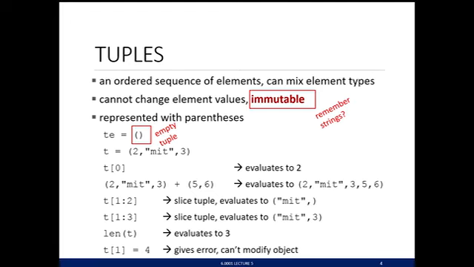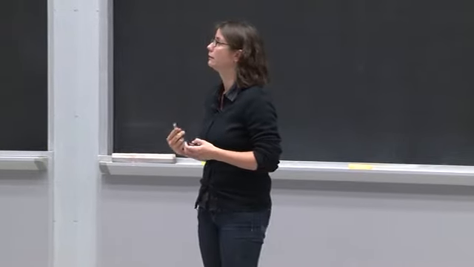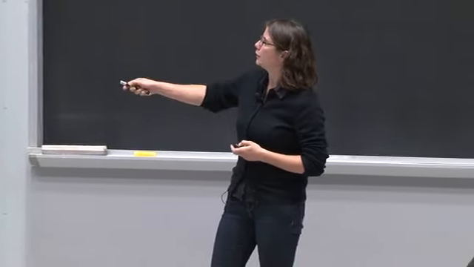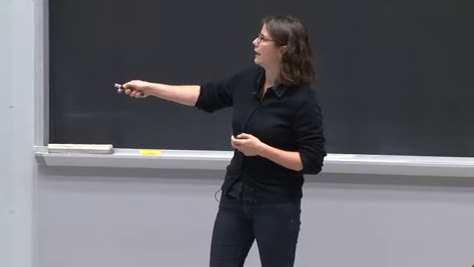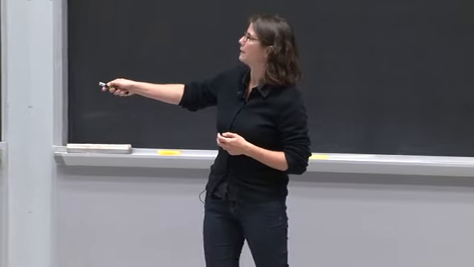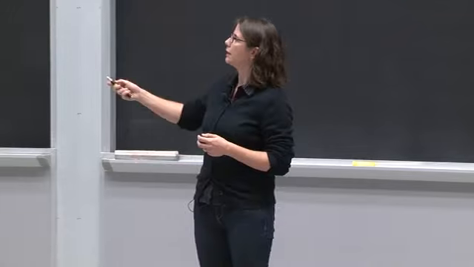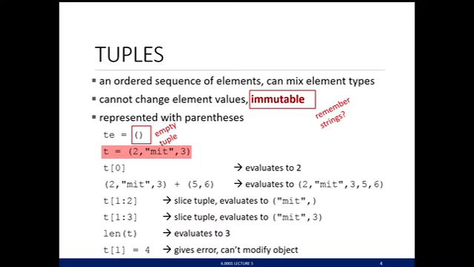A plain open and closed parentheses represents an empty tuple, so it's of length 0, there's nothing in it. You can create a tuple that contains some elements by separating each element with a comma. In this case, this is a tuple that can be accessed with a variable t that contains 3 elements. The first is an integer, the second is a string, and the third is another integer.